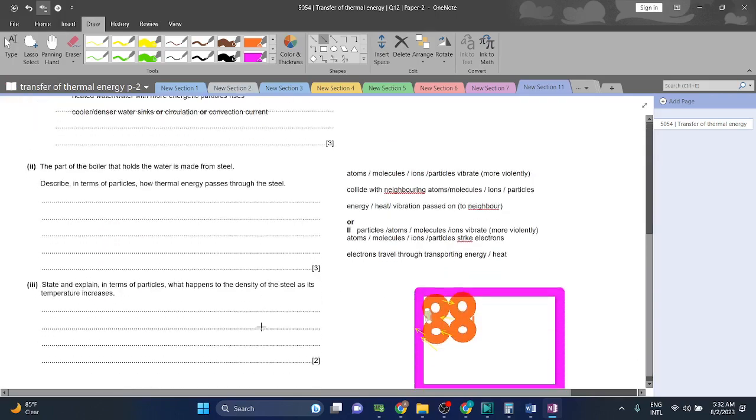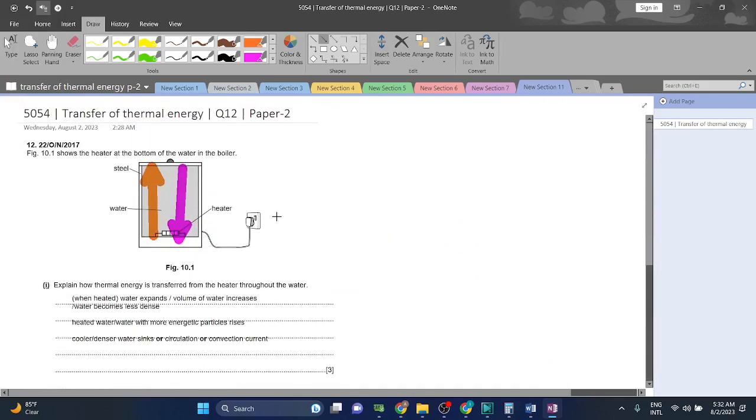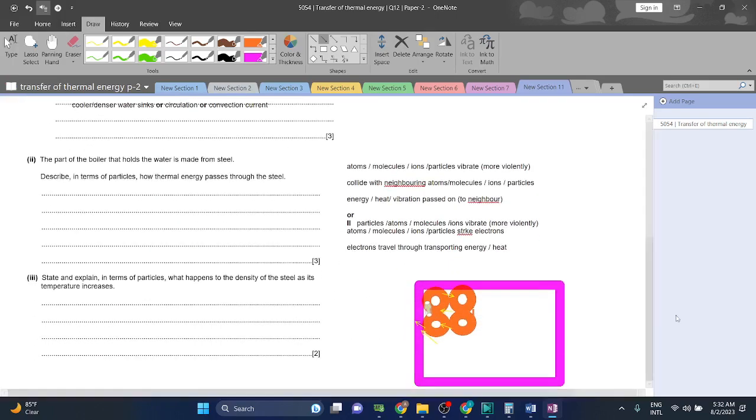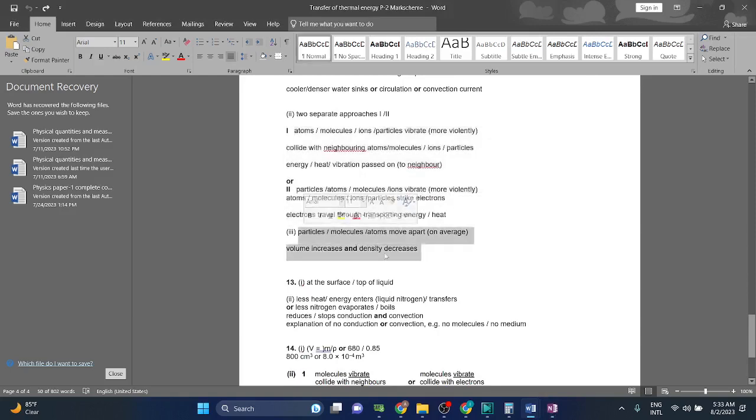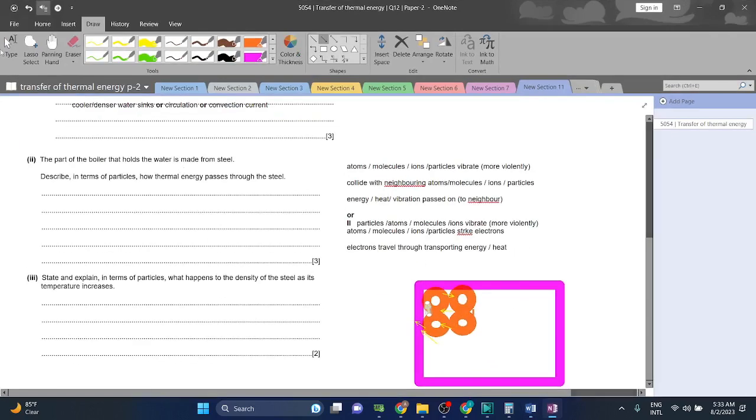This will cause the whole steel heater to expand, because of the thermal expansion. और thermal expansion में क्या होता है? As the temperature rises, the volume will increase of the steel, and when the volume rises, the density will decrease. So that is how it will work. Density will decrease. Very easy question.